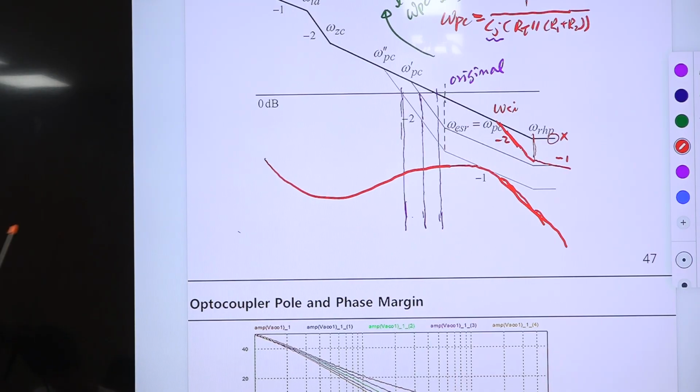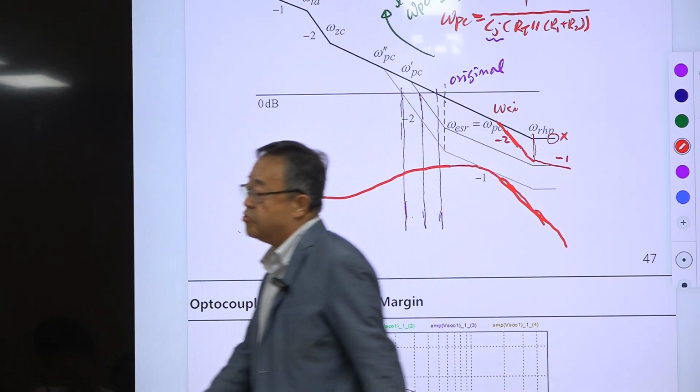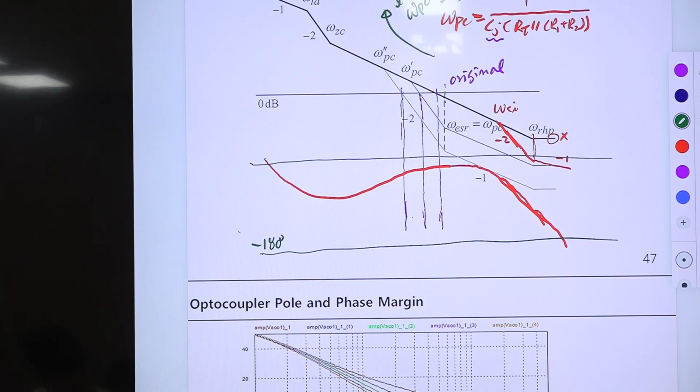This is the pole, when phase is concerned. This is the original phase. Suppose this is the -180 degree line, and then -90 degrees was somewhere here. The original design phase margin is this much.